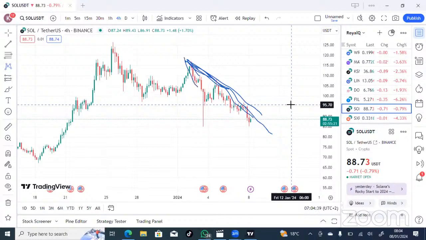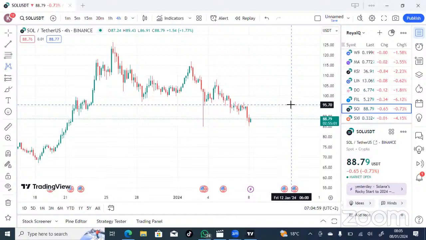It moves down, it moves up, moves down, moves up.